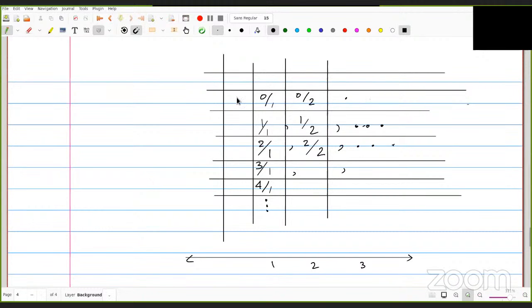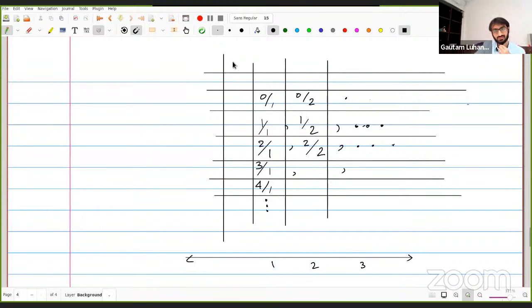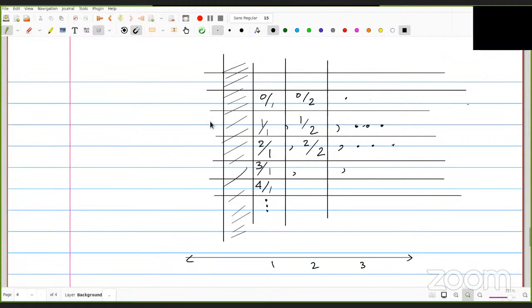Here you would have 0 over 0, but that's undefined. So this whole column is empty. And next to the empty column is the negative: 0 over negative 1, 1 over negative 1.